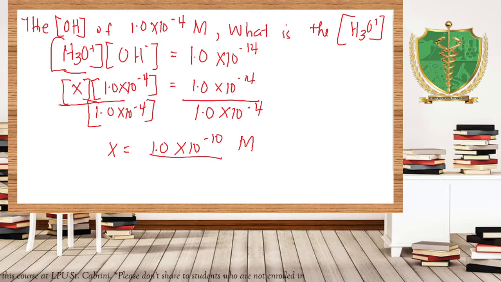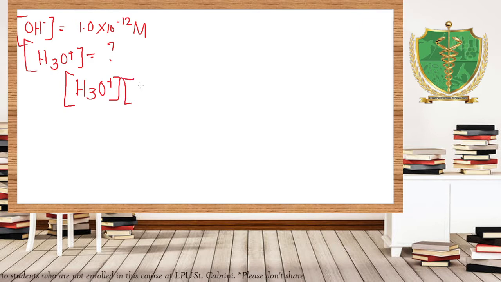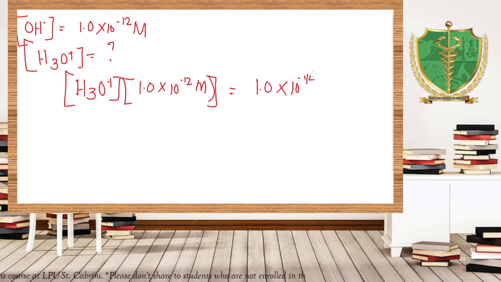Another example: if hydroxide is 1.0 times 10 raised to negative 12, what will be our hydronium? Again, hydronium times 1.0 times 10 raised to negative 12 is equal to 1.0 times 10 raised to negative 14.